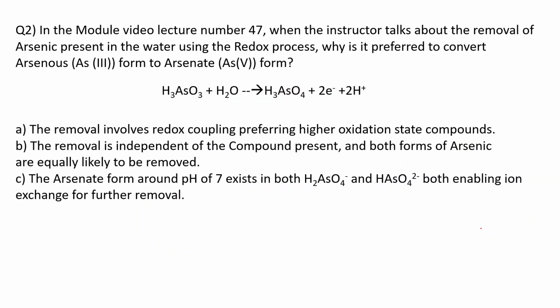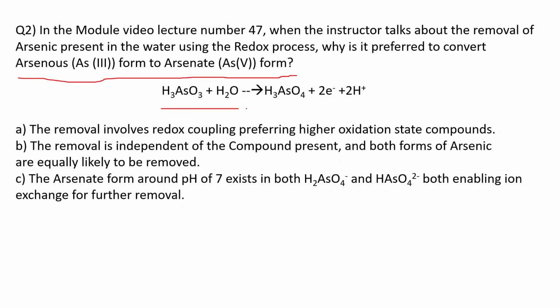Moving towards question number 2. In module video lecture number 47, the instructor talks about the removal of arsenic present in water using a redox process. Here we are trying to remove the dissolved arsenic by using a redox process. Why is it preferred to convert arsenite As3+ to As5+ form?